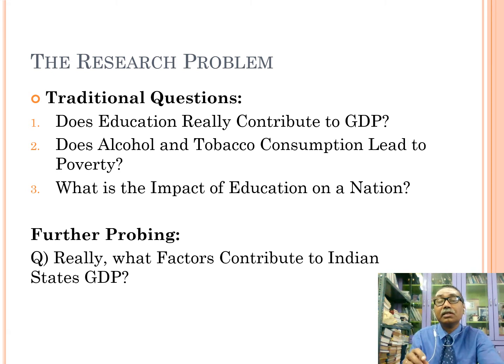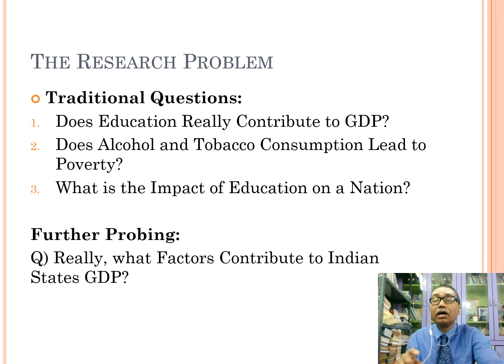Then I got a question: is literacy rate not really contributing to GDP? Maharashtra has $450 billion GDP with a literacy rate of only 82.3%, whereas Kerala has the maximum literacy rate and GDP of $130 billion. That means literacy is not contributing to GDP. That is the question I got personally.